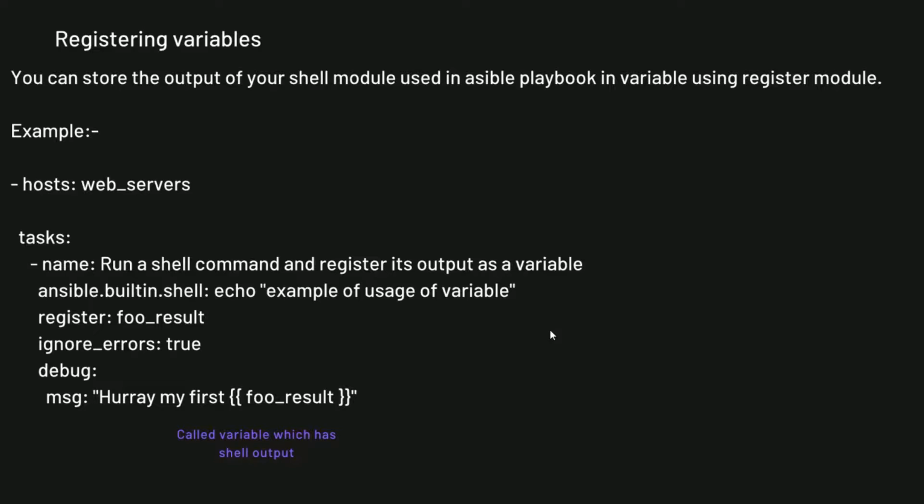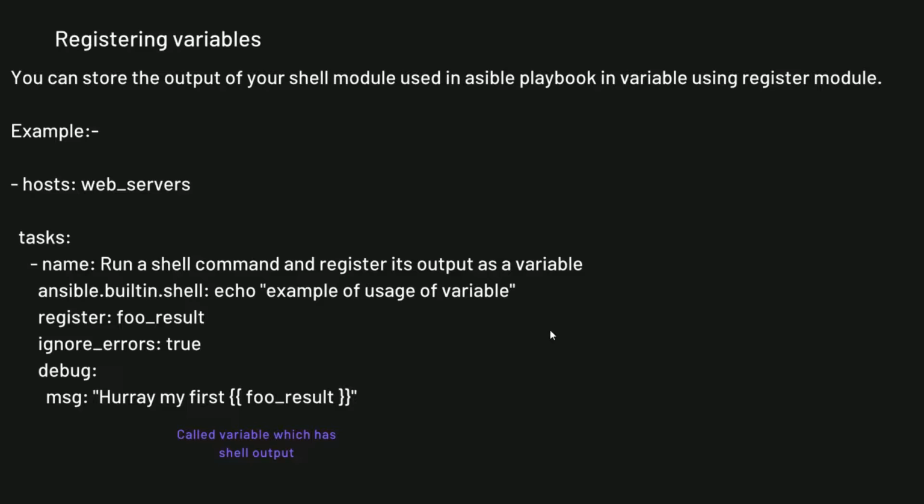In a nutshell, you can store the output of your shell module used in an Ansible playbook in a variable using register. So remember, how can you store the content of your shell module or command module? Using register, and that is nothing but storing content in a variable, right?